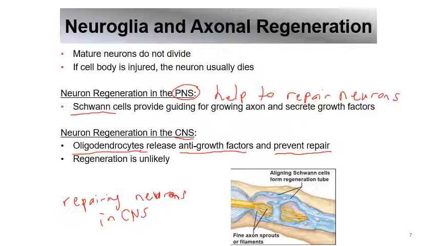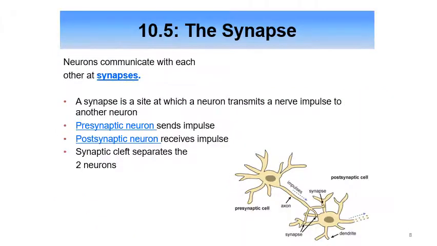Now, the reason for this is that you don't want the brain to keep growing, you don't want the spinal cord to keep growing, you want it to stop, right, after the growth is finished. And so this is a reason for them releasing these anti-growth factors, but of course as a result, this is having a detrimental effect in the central nervous system.